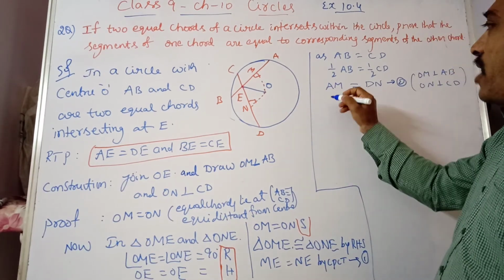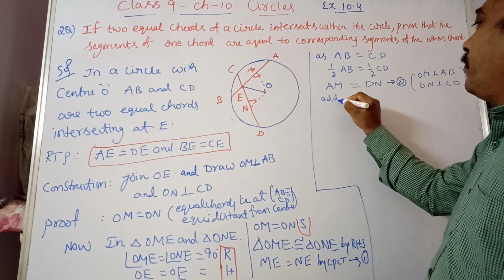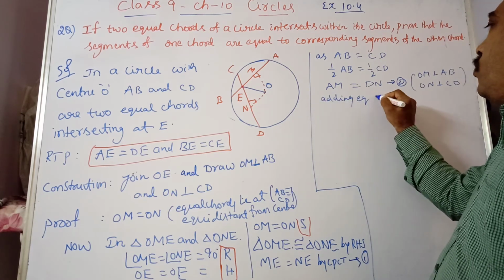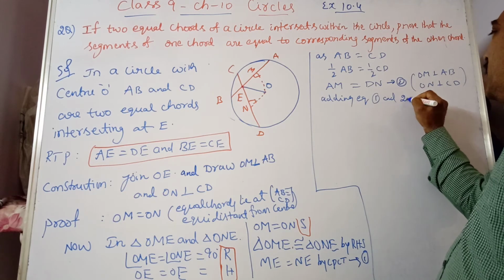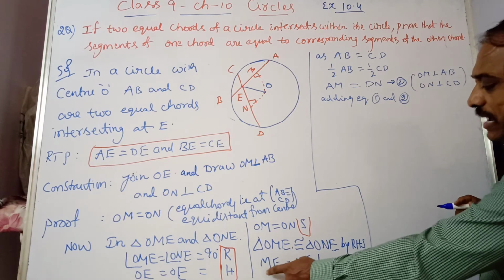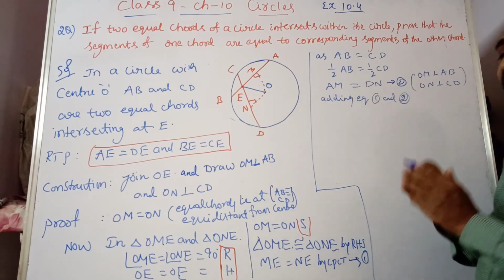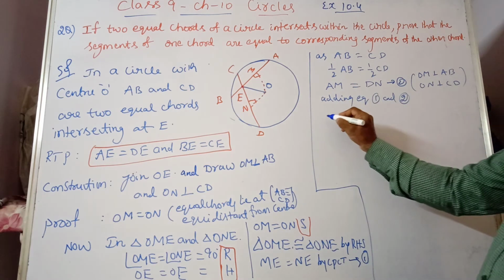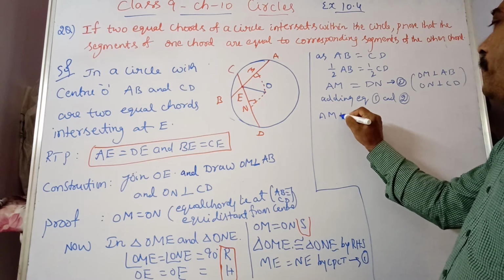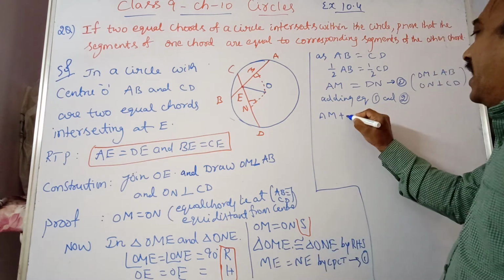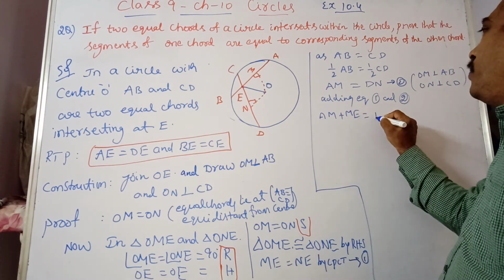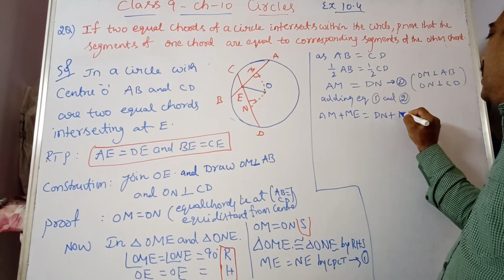Adding equations 1 and 2. What is equation 1? This one, ME is equal to NE. Equation 2 is AM is equal to DN. LHS with LHS, RHS with RHS. So AM plus ME is equal to DN plus NE.